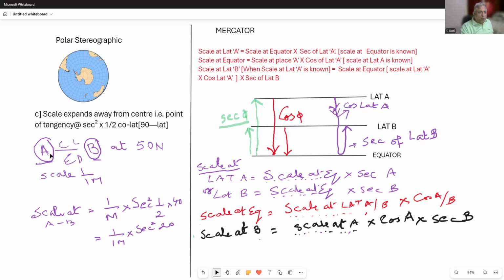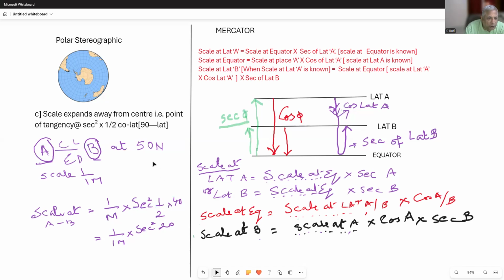Supposing he gives you places A and B, which are at 50 north, he can give you chart length or he can give you the Earth distance. And scale is equal to chart length by Earth distance. But which scale will I use? If this is the scale at the pole, then the scale where these two points are located at 50 north will be 1 by 1 million into secant square of half of the co-latitude.